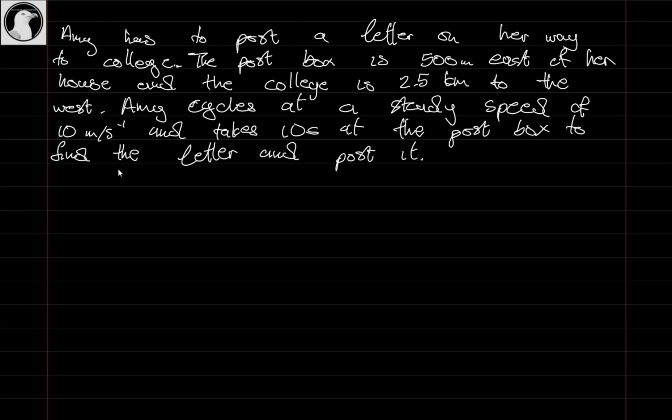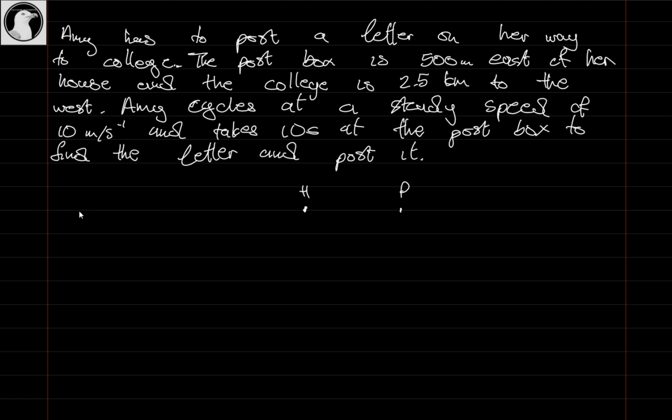Okay, so now how might we draw this out? Let's start here. Let's say this is a line. Let's say this is a house. Let's call it H. And then this is the post box. Let's call it P because it's at the east. They did mention that it's at the east.